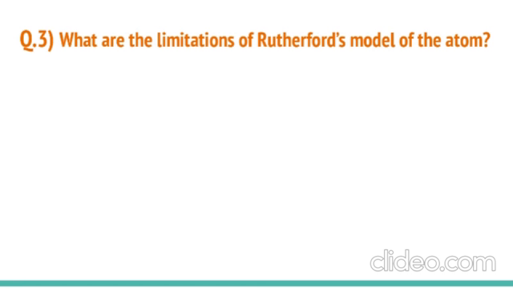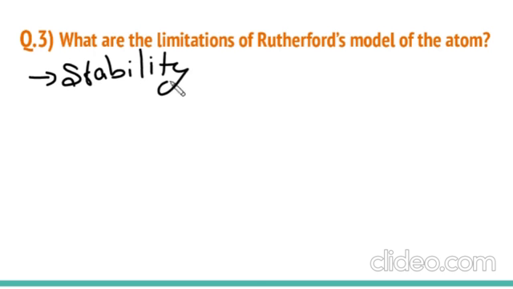Next is the next model, Rutherford's model, the model which had the nucleus, with the gold foil experiment. What are the limitations of this model? Rutherford's model was quite good, but again here also the stability of atoms was not explained.